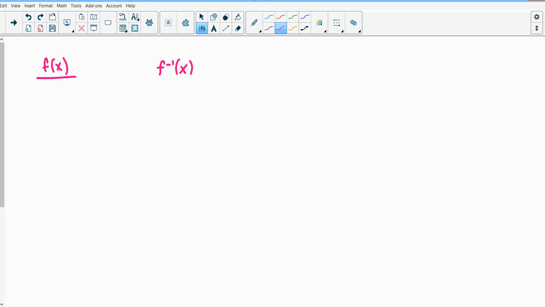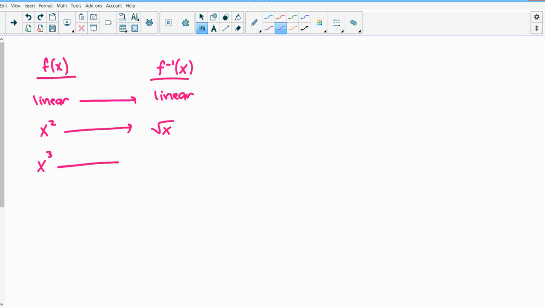So if we started with a linear function, our inverse was a linear function. If we started with a quadratic function, so I'm just actually going to write x squared. So if we start with the quadratic, which is x squared, then the inverse would be the square root of x. If we started with x cubed, our inverse is the cube root of x.